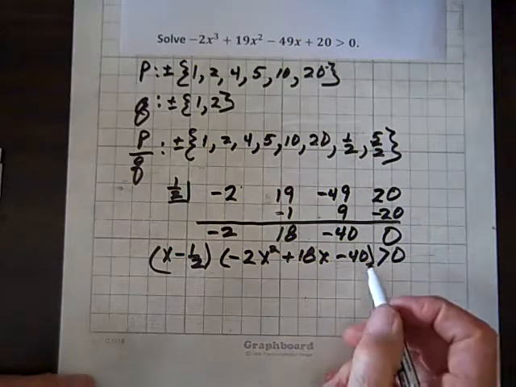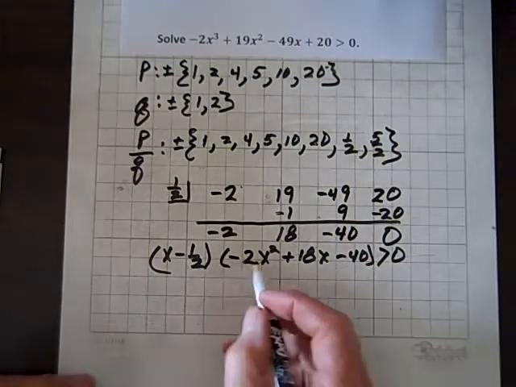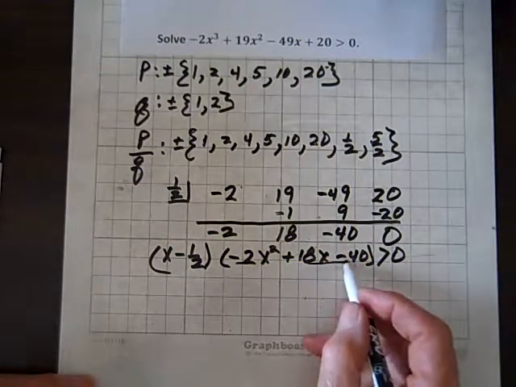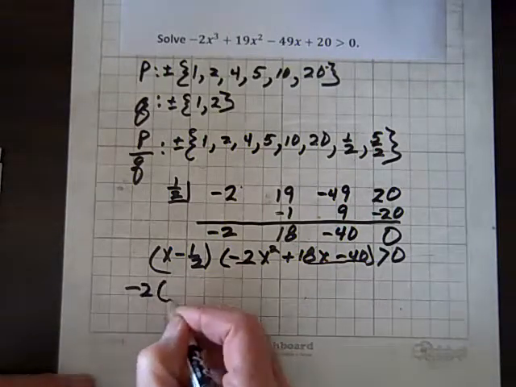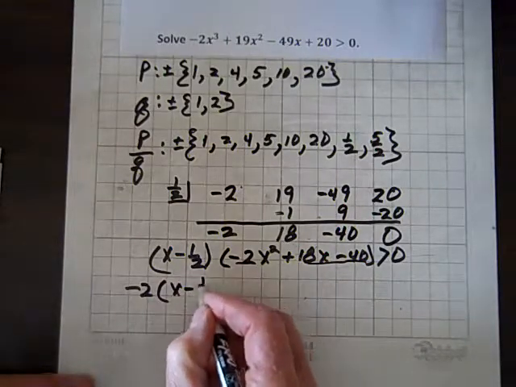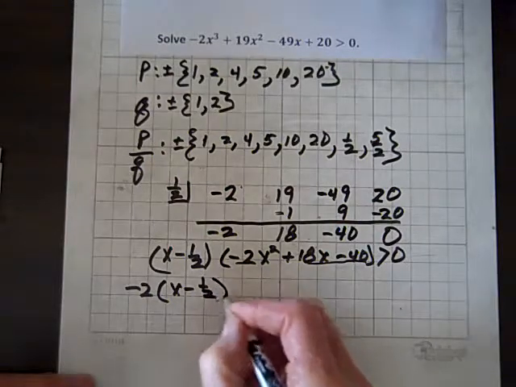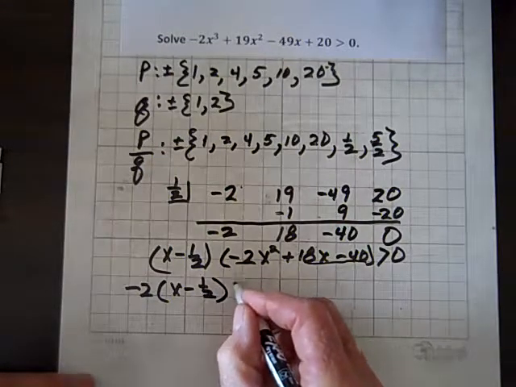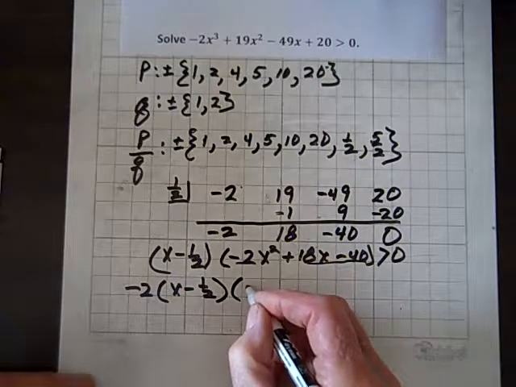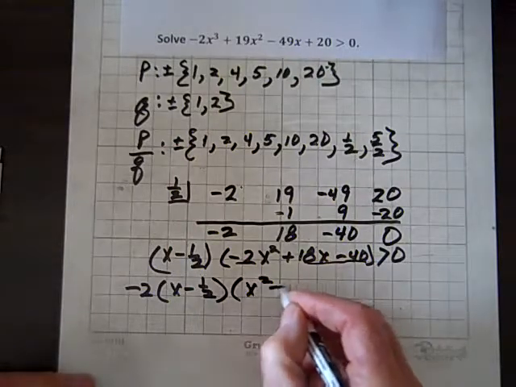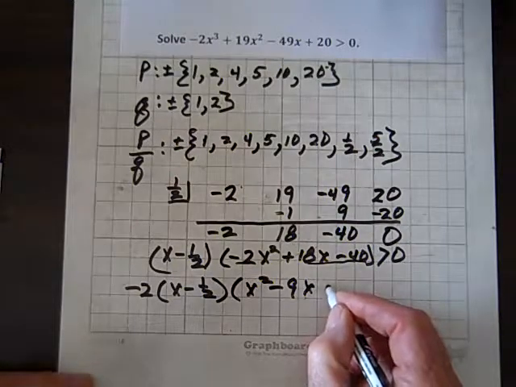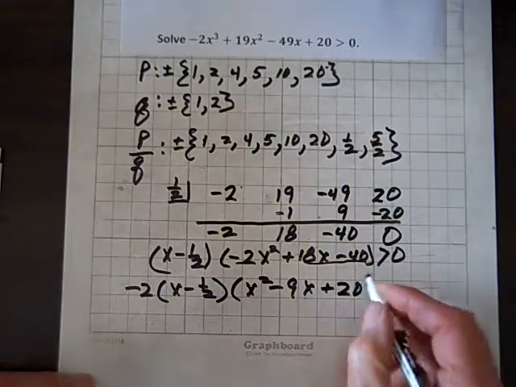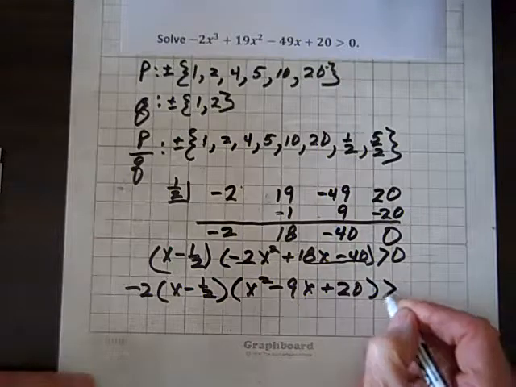And now let's factor out a -2 out of every term in here. So we'll have a -2 times x minus 1/2 times x squared minus 9x plus 20 is greater than 0.